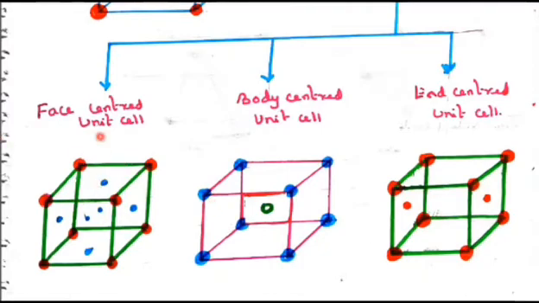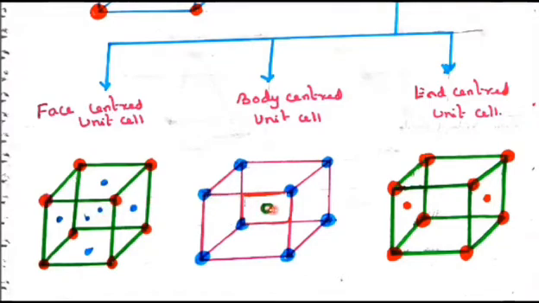Here in face-centered, there is one face, a second face, a third face, a fourth face. There are atoms on the front side of the crystal and at the back side of the crystal.